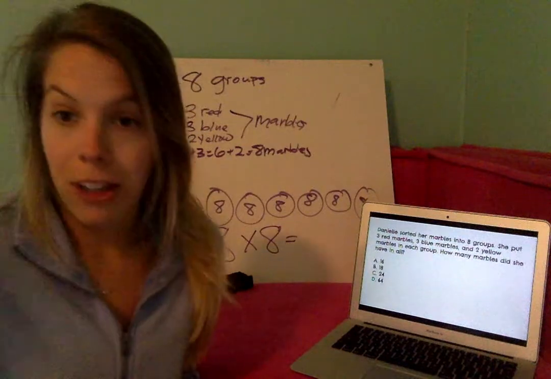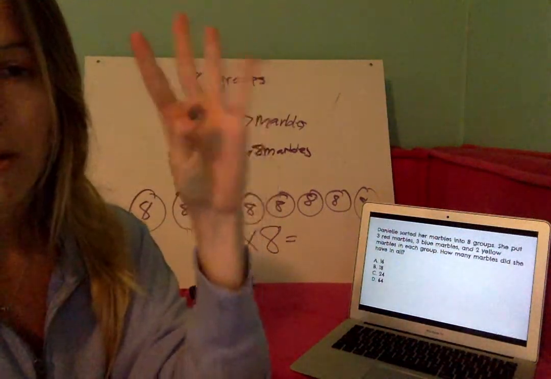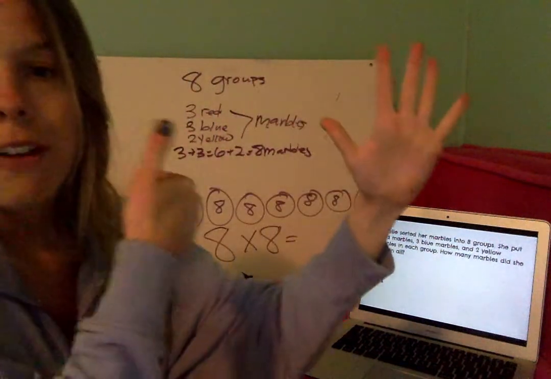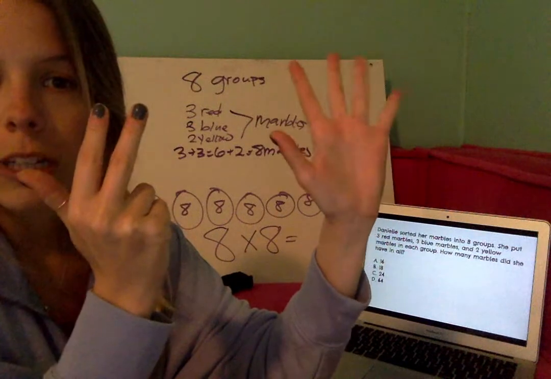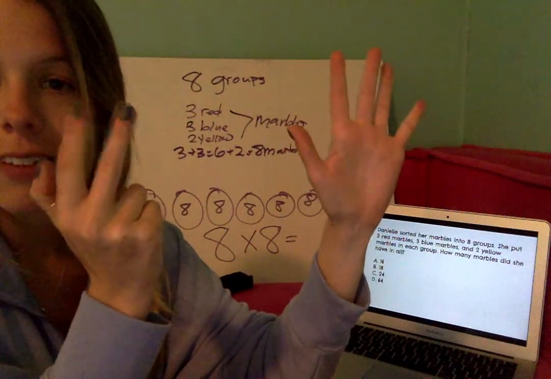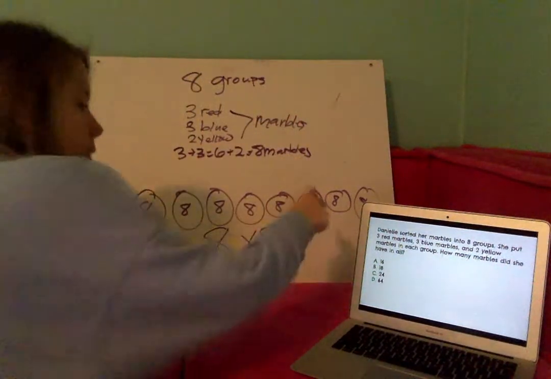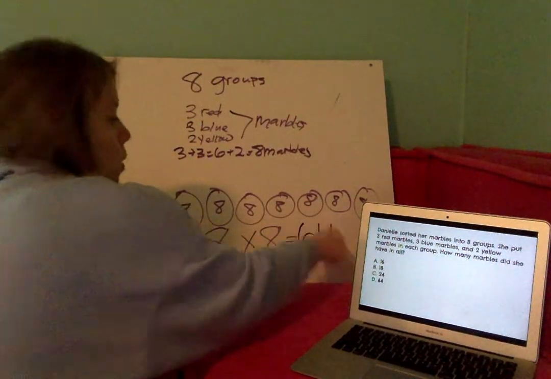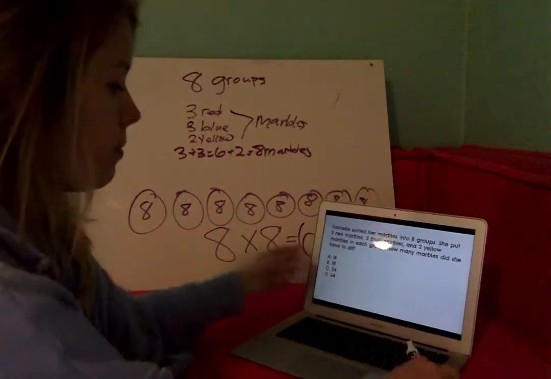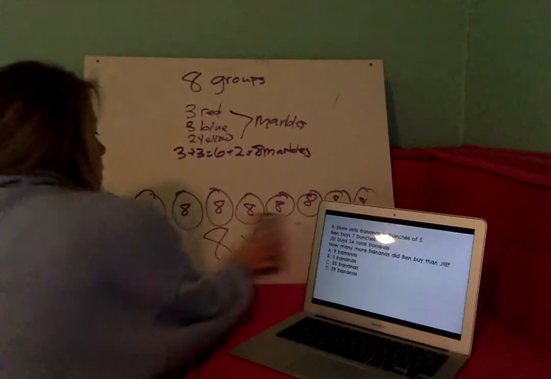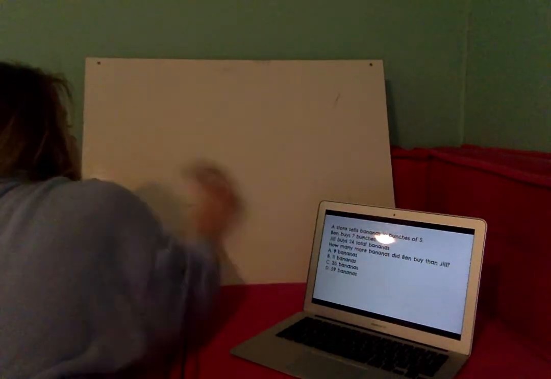So you're going to skip count your 8s 8 times to get 8, 16, 24, 32, 40, 48, 56, 64. 1, 2, 3, 4, 5, 6, 7, 8. I skip counted my 8s 8 times and got 64. So the total amount of marbles, 64. Remember, we are breaking up each sentence as we go and writing something down.